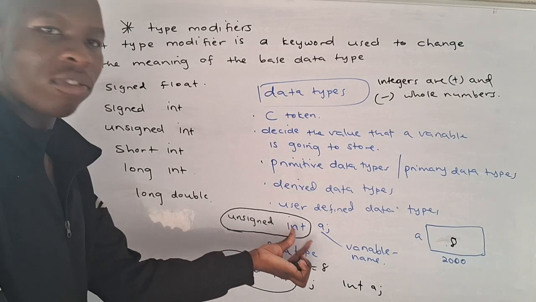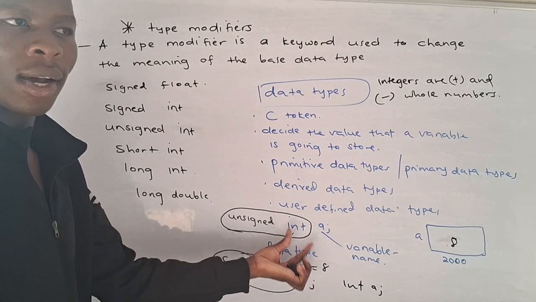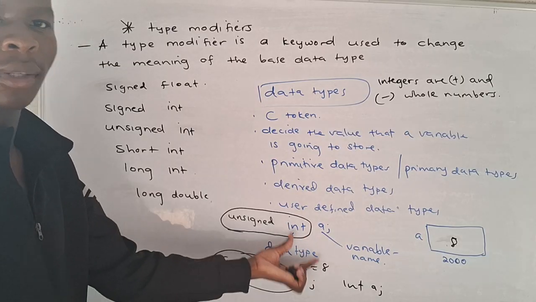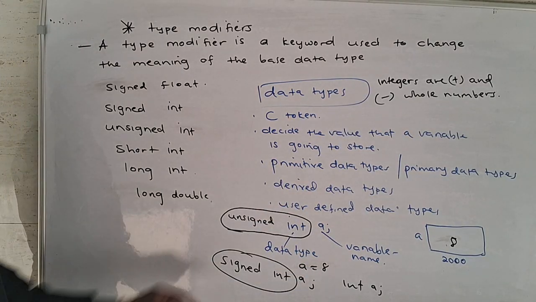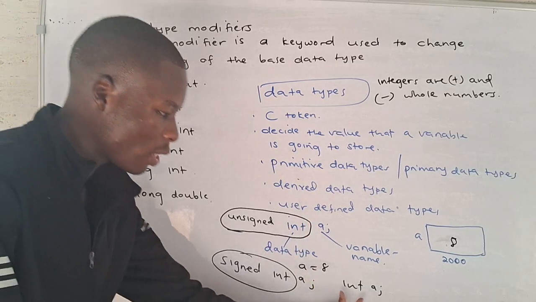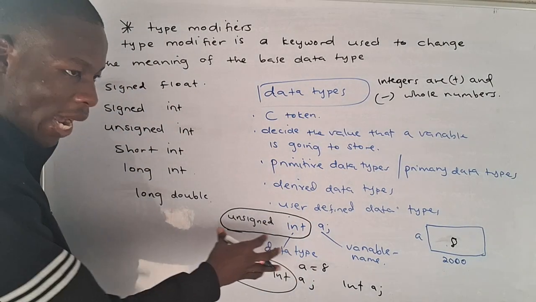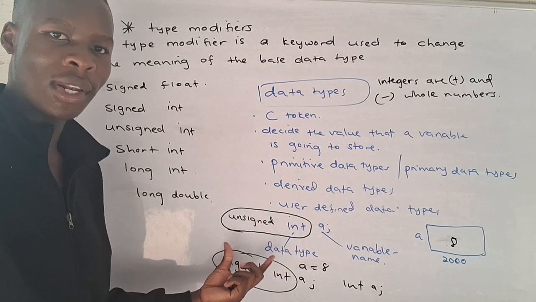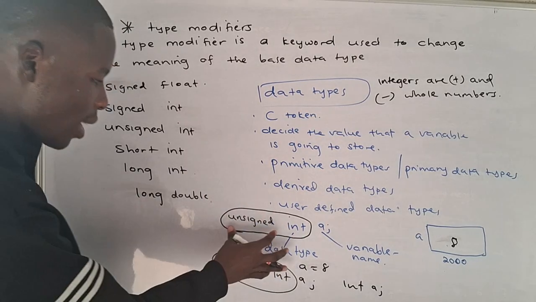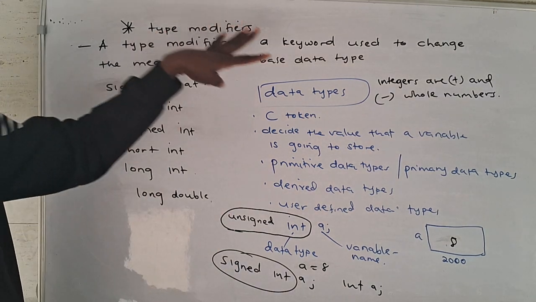We have modified the basic data type. If it is int, it is taking both positive and negative. The moment I write unsigned, this is now taking only positive. So this unsigned and this signed are what we call type modifiers.